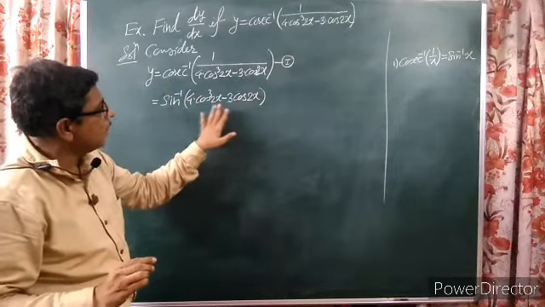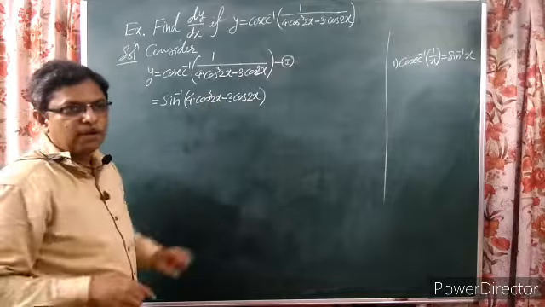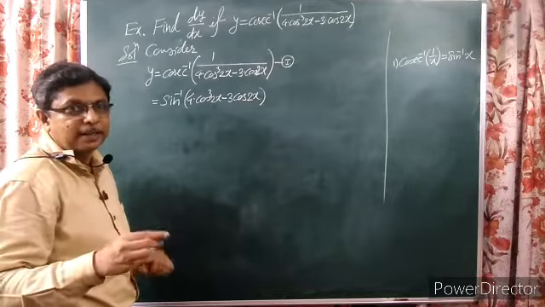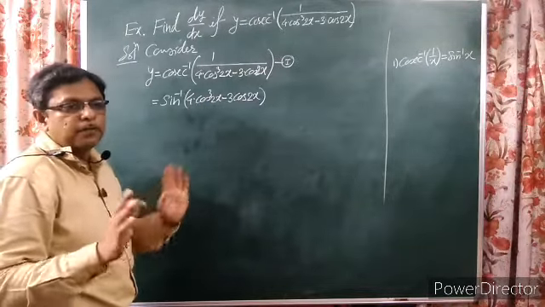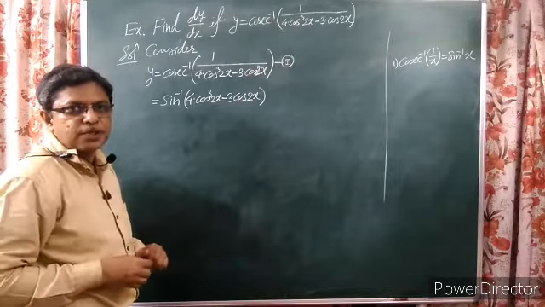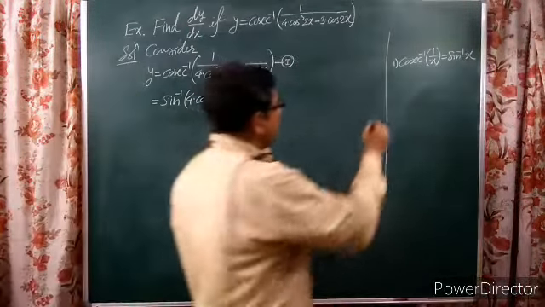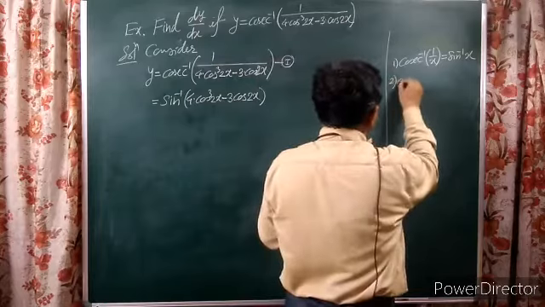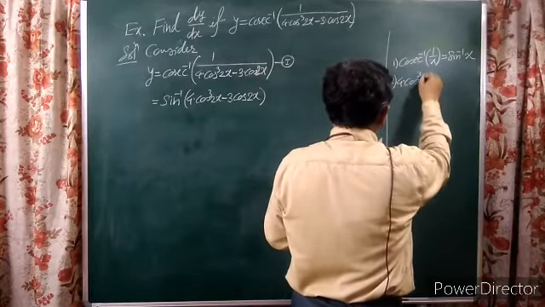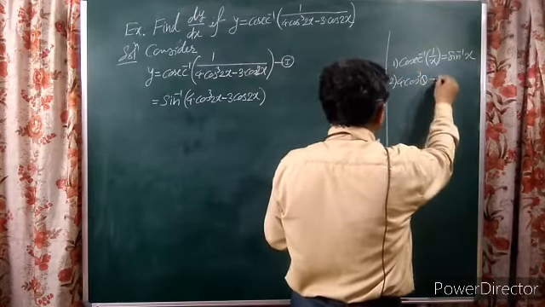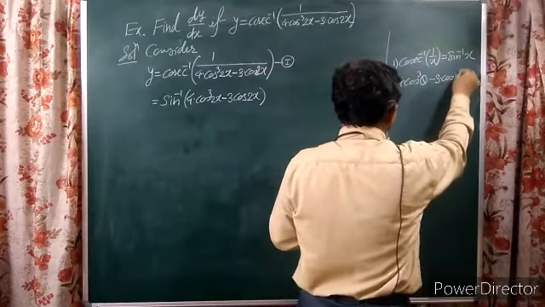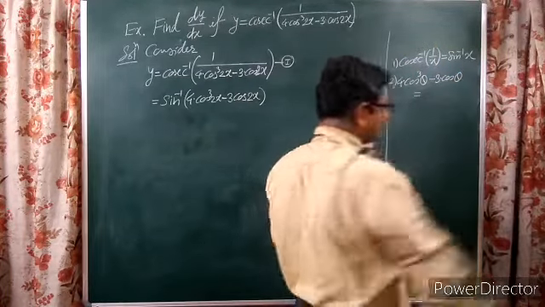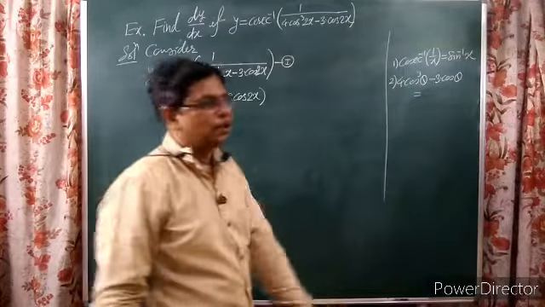Now see this carefully, and if you are remembering any formula from 11th standard trigonometry, then this example will be very simple. What is that formula? Yes, I will write that as 4 cos cube theta minus 3 cos theta. It is the formula for cos of 3 theta.